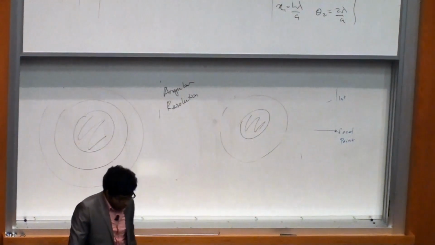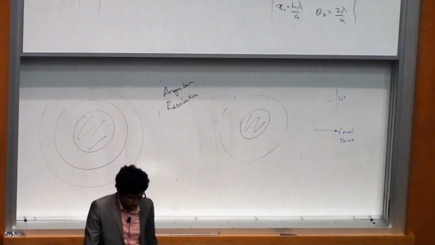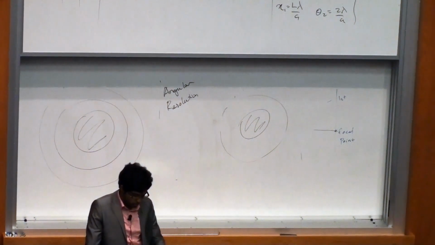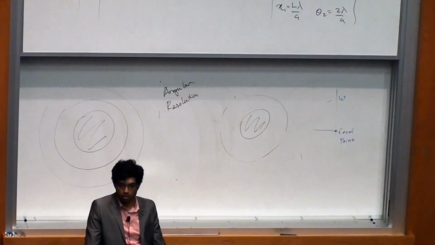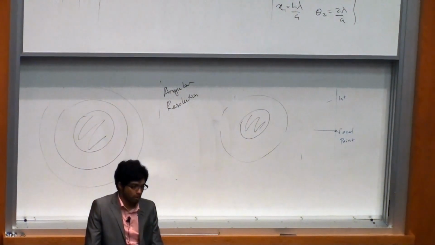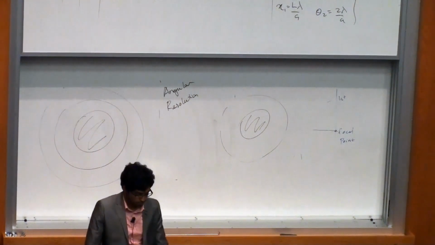Now, how we define angular resolution is both the light sources we take to be the same strength, and let's assume for now that they're also monochromatic for simplicity, sort of like our spherical cow approximation here. So they're monochromatic and they have the same intensities.